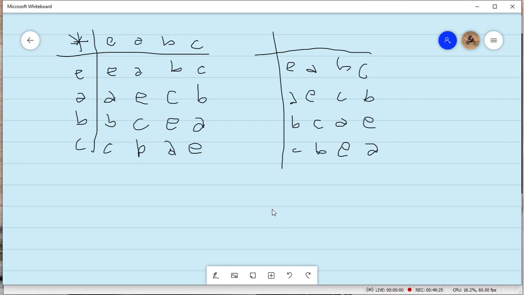Okay, for now. So we have found two group tables, or operation tables, that may describe a group structure. Let's do another one.